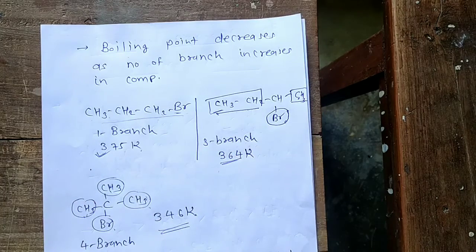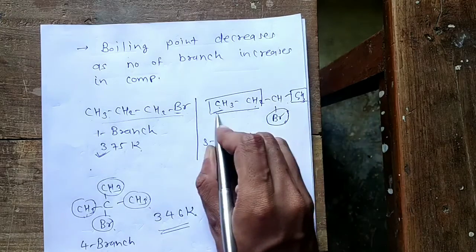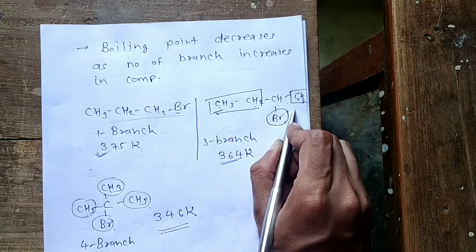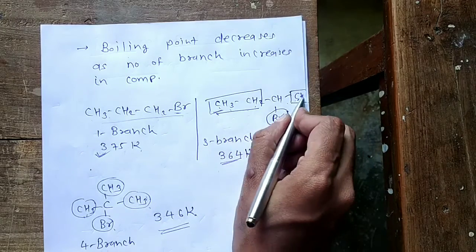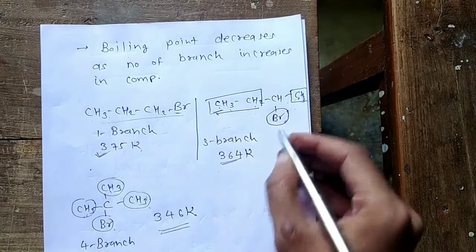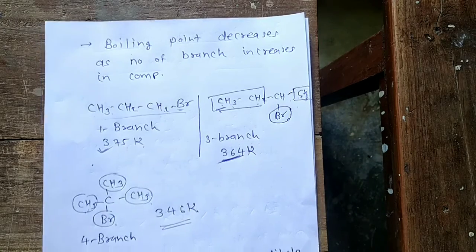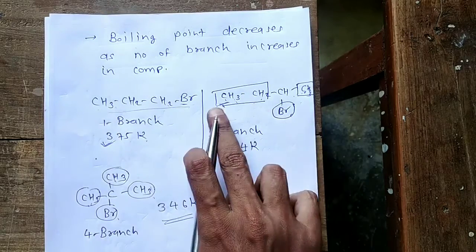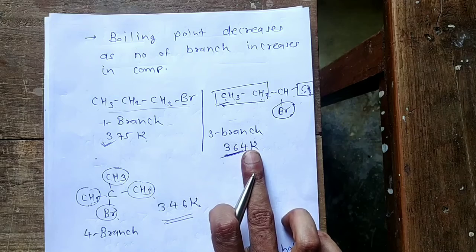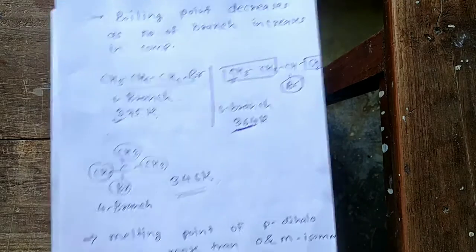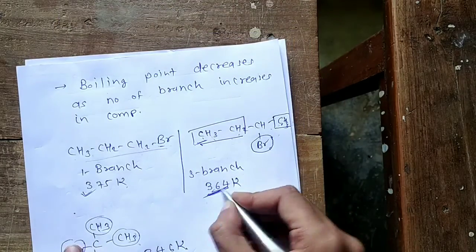Now if you see this compound, it has 4 carbons, so the number of carbons increases here, and 2 and 3 branches are there. It has boiling point 364. Here it has 4 carbons, that's why the boiling point is higher. The boiling point is lower here.